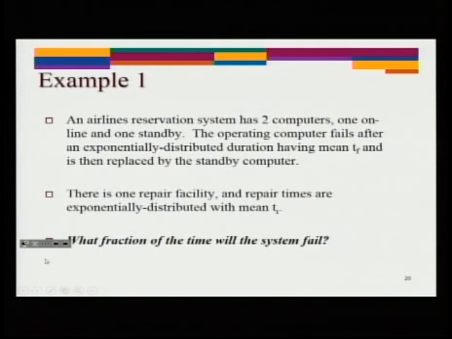Why don't you try to build up a continuous time Markov chain model, and then try to answer the question. It asks you the fraction of the time that the system will fail. So obviously we need to determine the steady state probability distribution first.